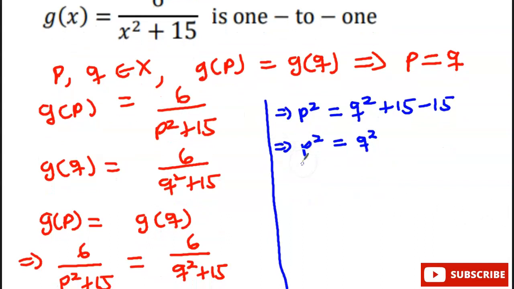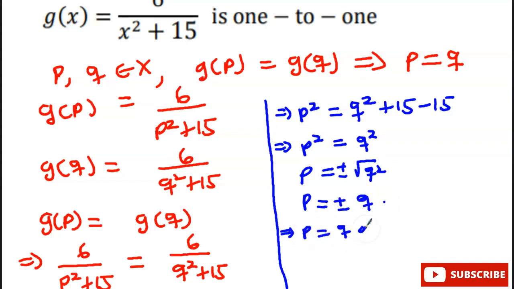So if you want to find P from the quadratic equation, it will be plus or minus square root of Q squared. So P is equal to plus or minus Q. So this means that P is equal to Q or minus Q.